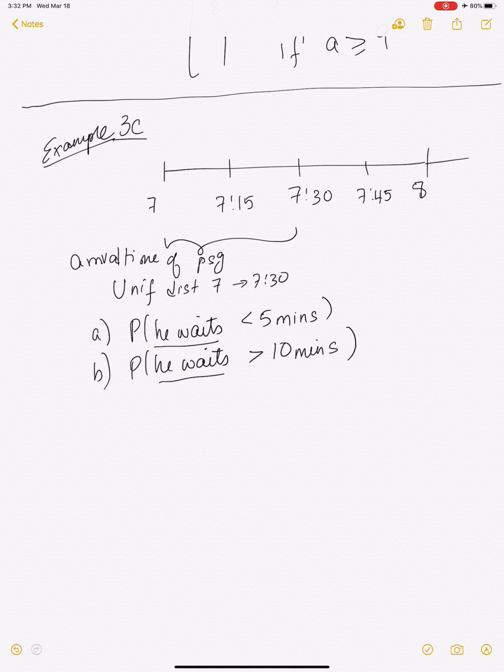Well, that's kind of weird, because random variables have a range as numbers, and here you're talking about 7 to 7:30. So we need to fix that. We can't say that t is the arrival time of a passenger. Instead, what you need to do is manipulate it a bit and say, let t be the arrival time of the passenger after 7 o'clock. Okay?